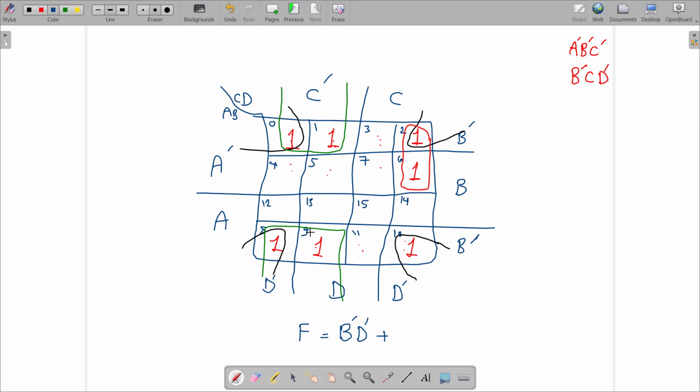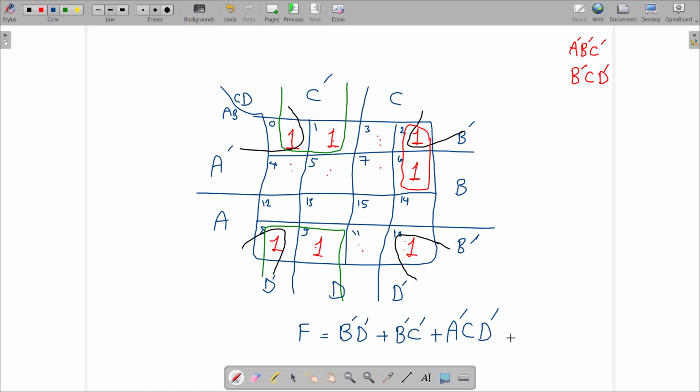Or for these four, you can see that B prime and C prime are constant. B prime, C prime. For these two, A prime, C, and D prime are the constant.